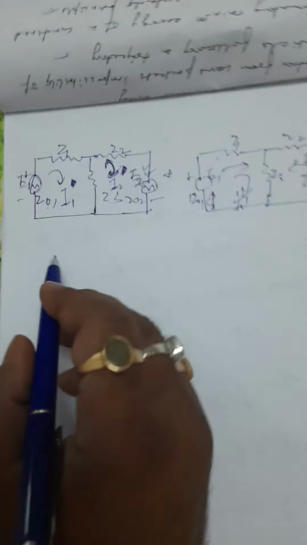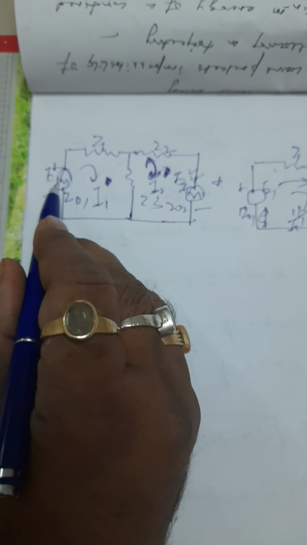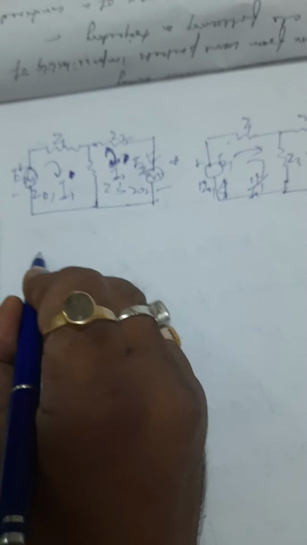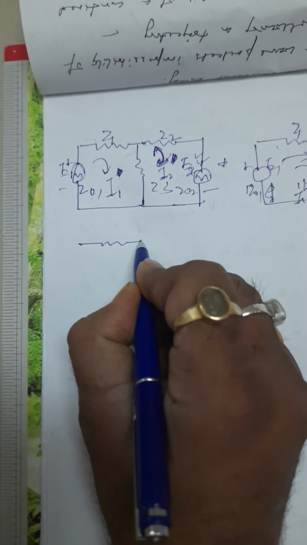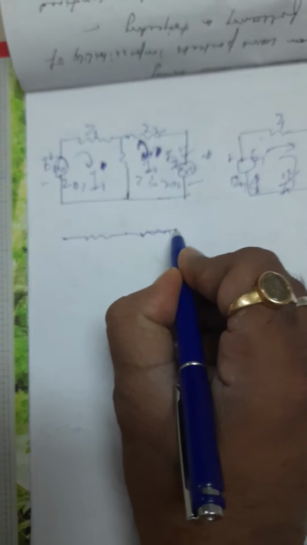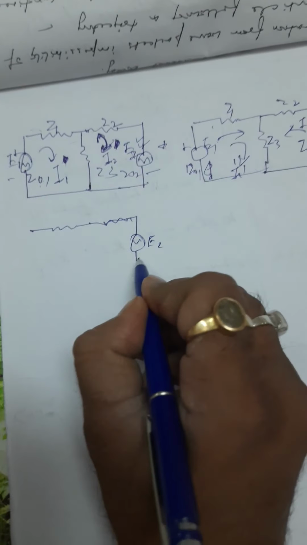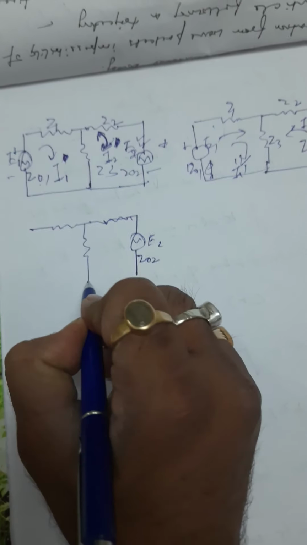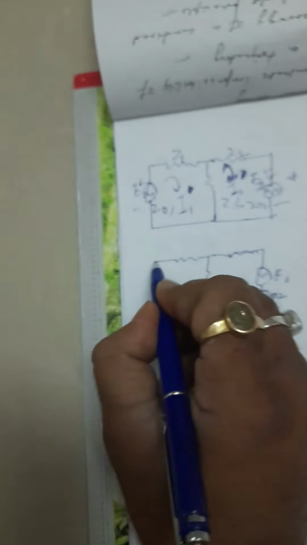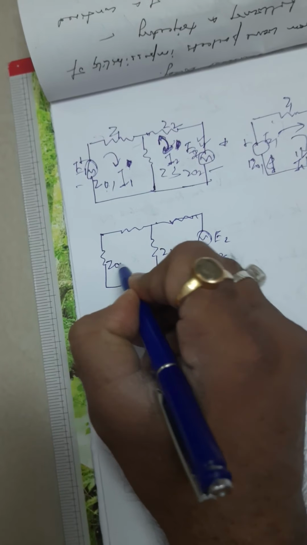Another situation is if we remove E1 from here, then we'll have Z1 and obviously Z2 will be there. The source E2 will be there with the internal impedance Z02, and obviously Z3 will be here, and here we have only the internal impedance Z01.